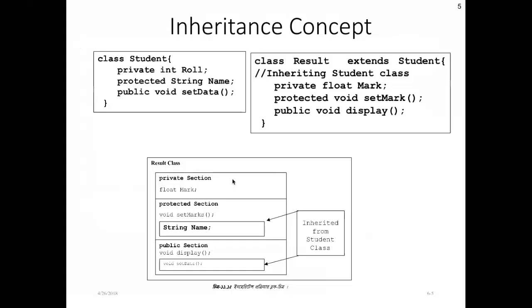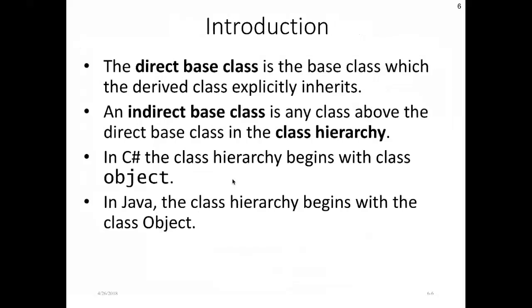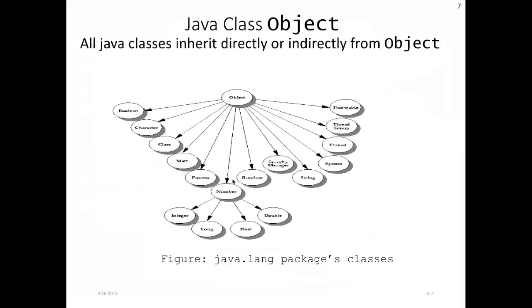From my result class, if I do another GPA class or something, okay? So this is why when we put an object, then put dot, as soon as we put the dot operator, you will see a bunch of methods coming up. Okay, so we will say the object class is defined in the java.lang package.